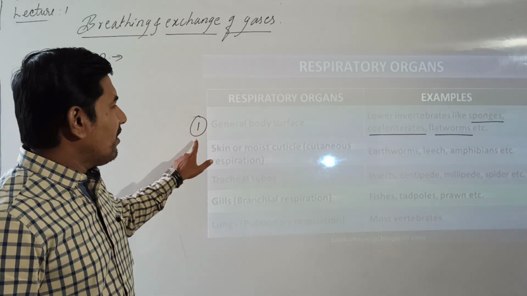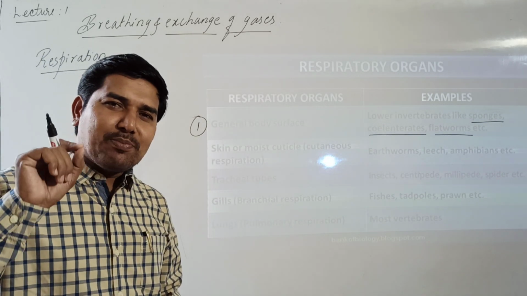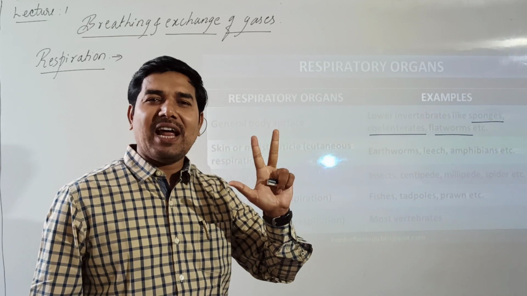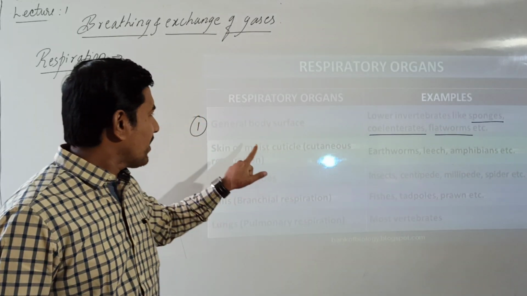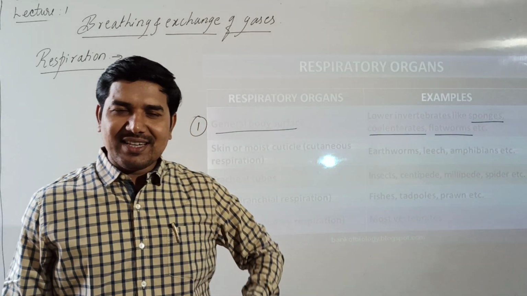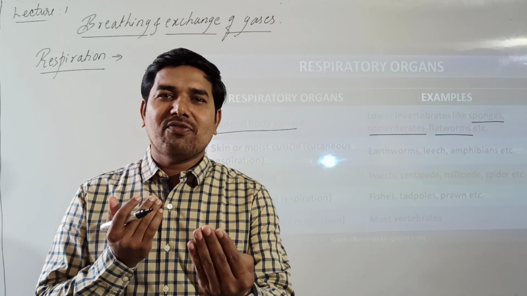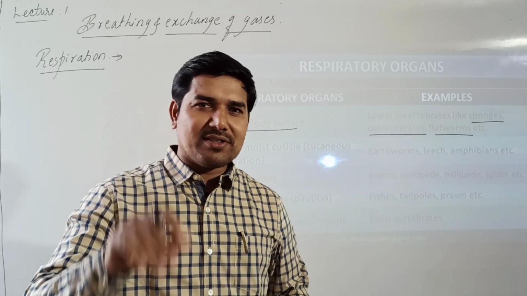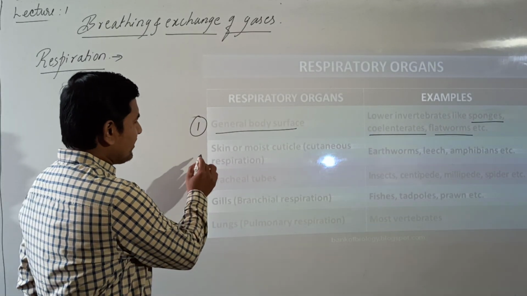Respiration in sponges, coelenterates and flatworms occurs through the general body surface. Through their general body surface the exchange of gases, which we also call diffusion, occurs.